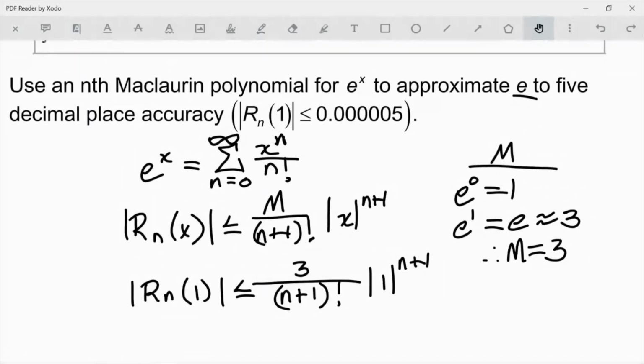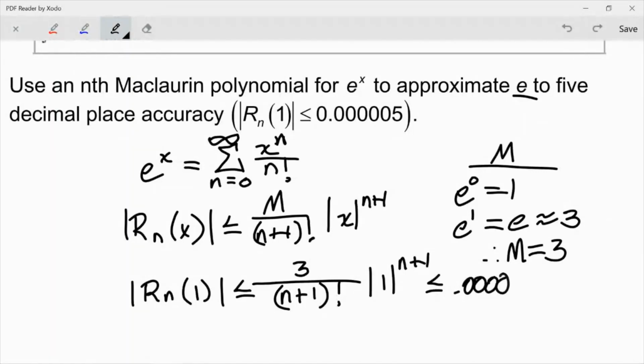Now, remember when we did this with the alternating series, we would plug this into the calculator and say, okay, when does this get to be the size that we want? Well, we need this approximation to be less than or equal to 0.000005, right? And really we need it to be less than that because we're trying to get an error within that decimal place. Okay, so now I would just do that on the calculator, just like we did with alternating series error. Figure out how many terms it takes.